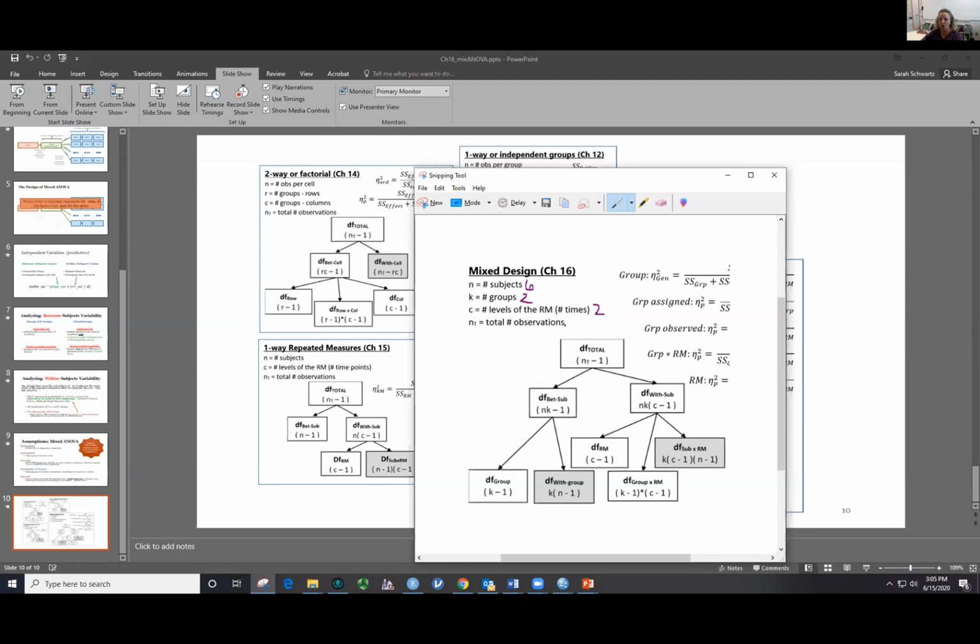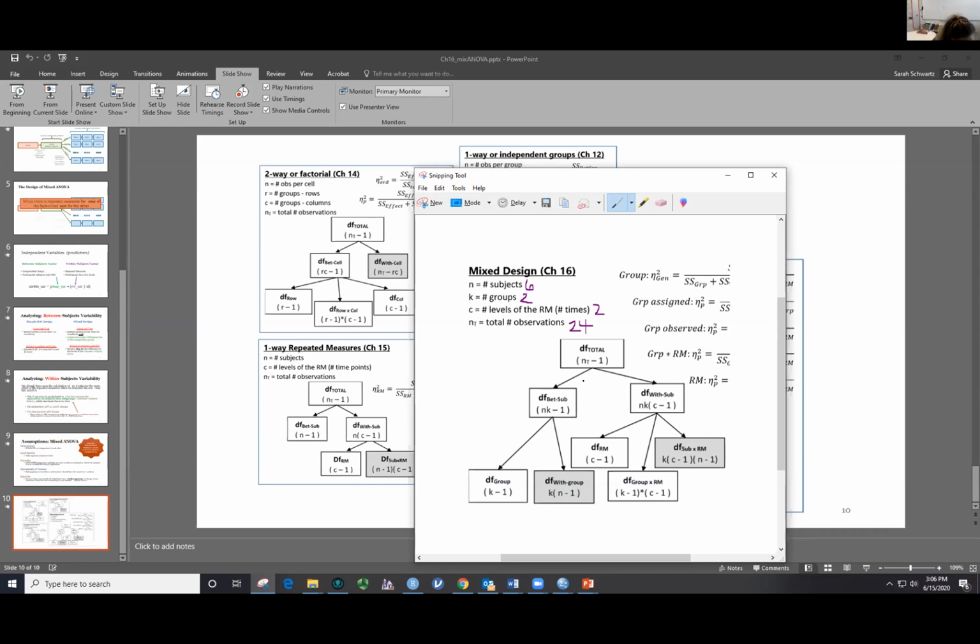So how many total scores do we have? 6 people for each group, so 12 people total, and we have a before and after score for each of our 12 people. So how many total scores do we end up with? We have 24. N_T is the total number of outcomes we have.